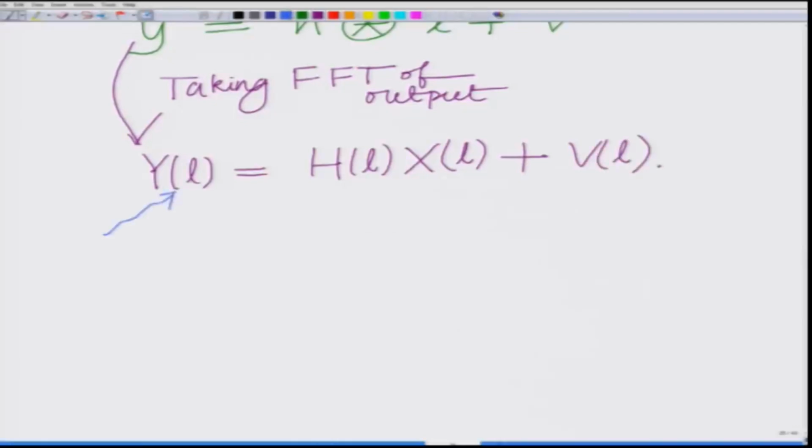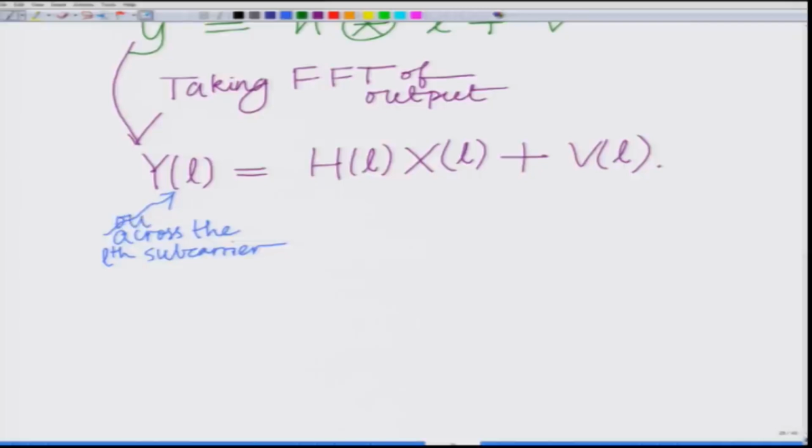This is taking the FFT across the Lth subcarrier.